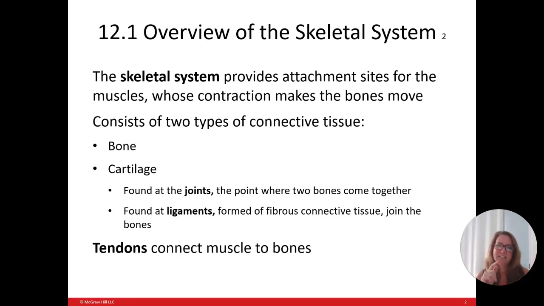We're also going to take a deeper dive into a cross-section of bone and take a look at some things that it's doing beyond just supporting and giving structure to our body. Cartilage, remember, tips of our nose, our ears, and our joints, and part of our ligaments gives us that flexibility. And tendons, of course, connect our muscles to our bones. So these are also super important to connect the skeletal system to the muscular system.